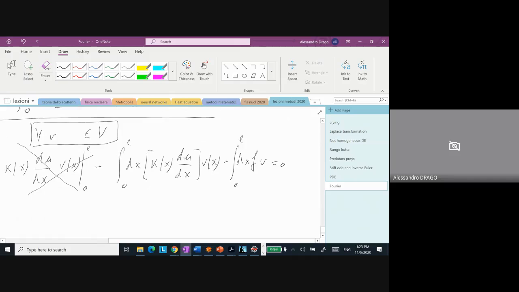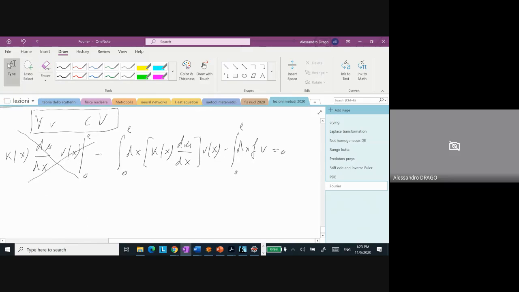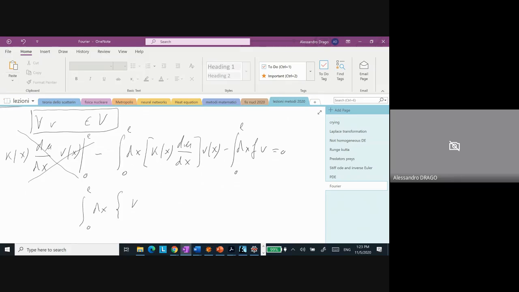So we are back to this. So now we know, essentially, that the integral between 0 and L of the derivative with respect to x of k of x... Sorry, I forgot to write the derivative with respect to x.